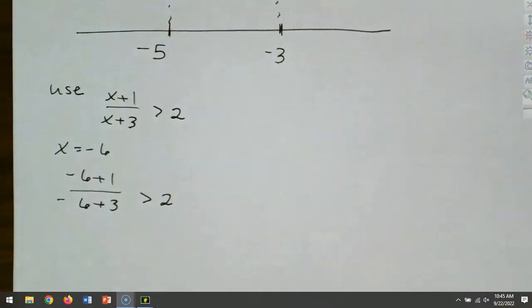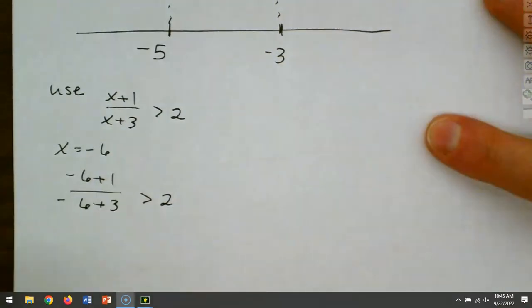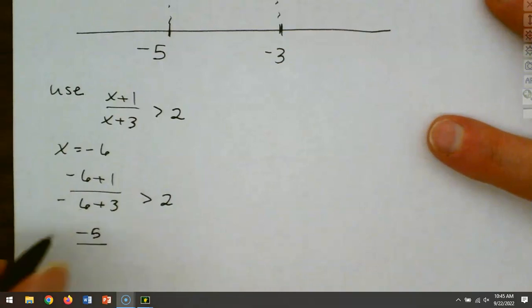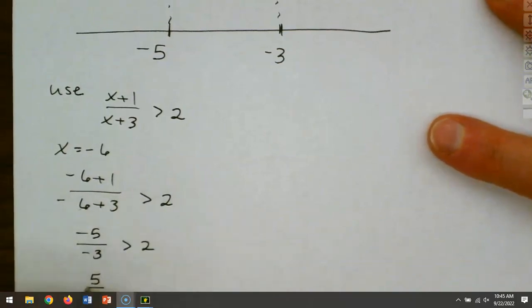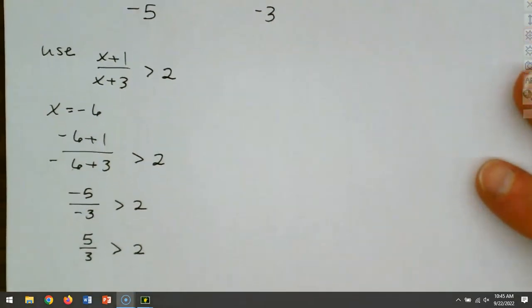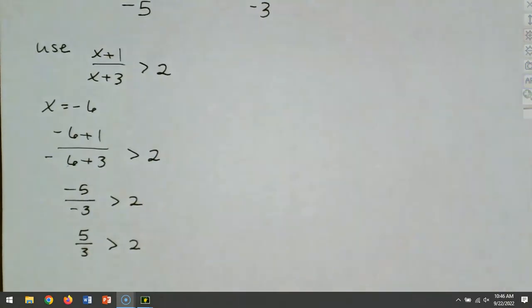That's our first value. Negative 6 plus 1, that's a negative 5. And negative 6 plus 3 comes out to be a negative 3. Negative and negative makes it a positive 5/3. And is that bigger than 2?